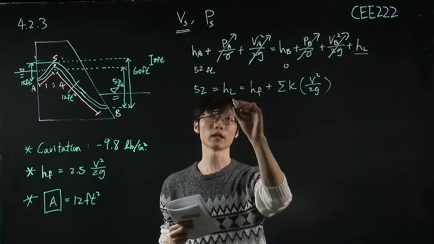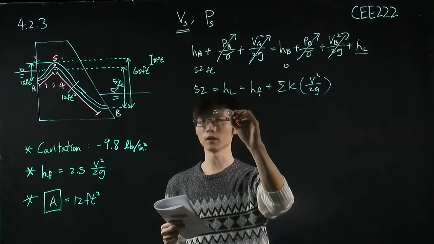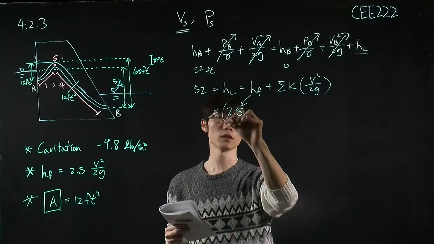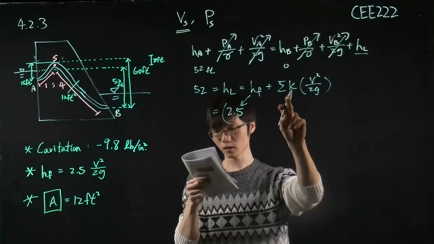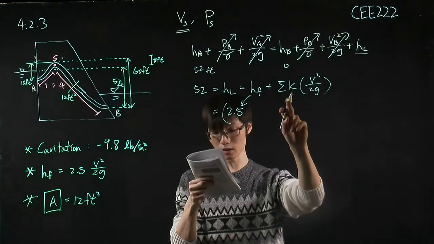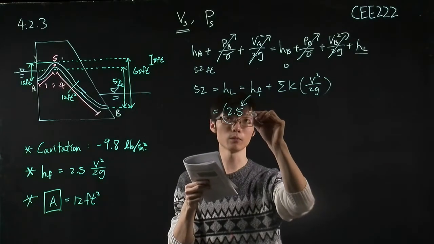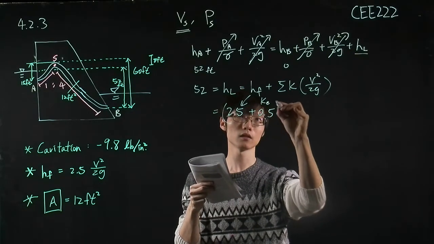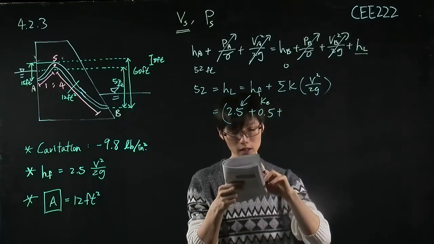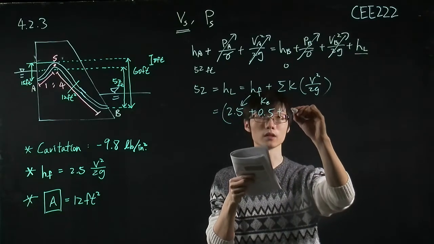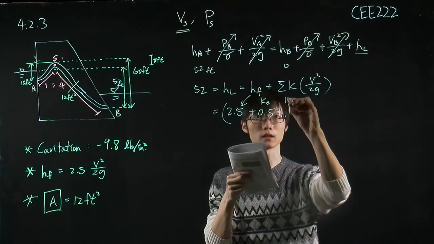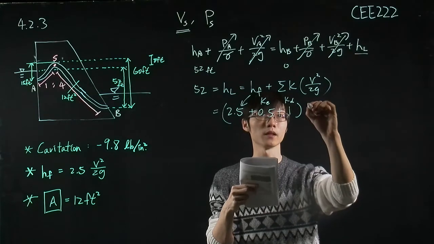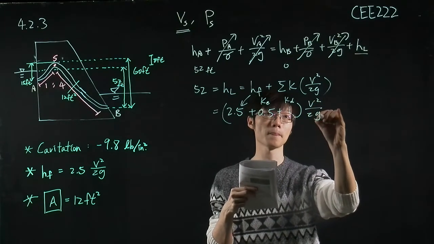So we can write this equation as 2.5, this is the friction loss, plus the entrance coefficient, 0.5, this is K_E, plus the exit coefficient, which is equal to 1, this is K_D, times the velocity term.